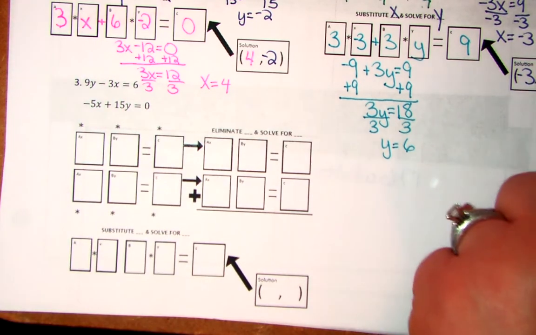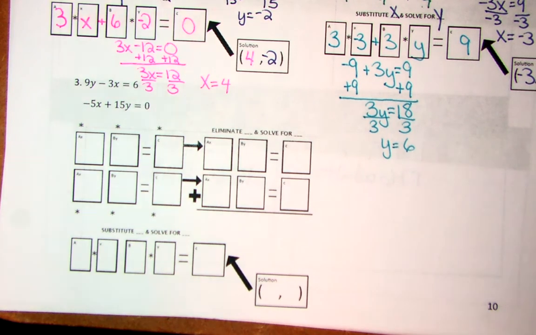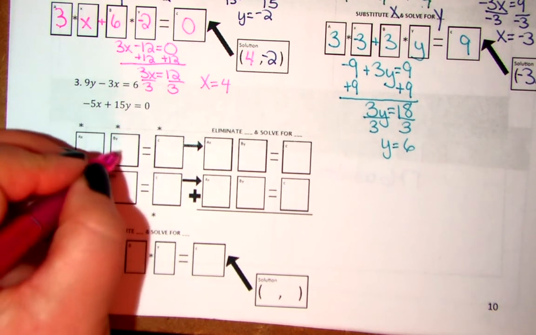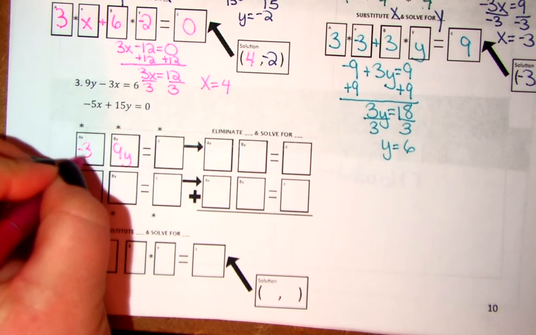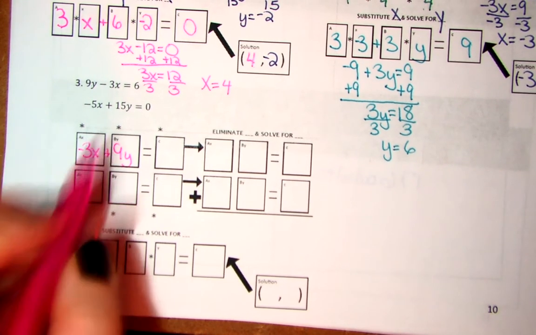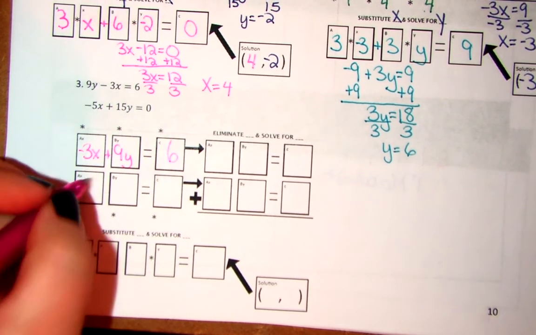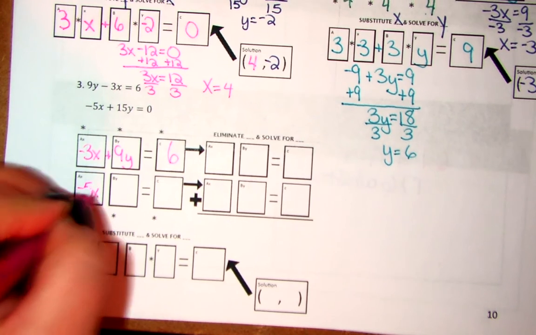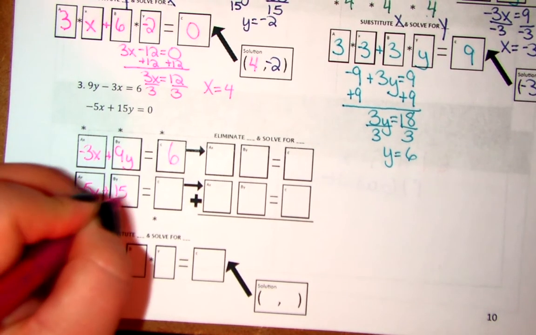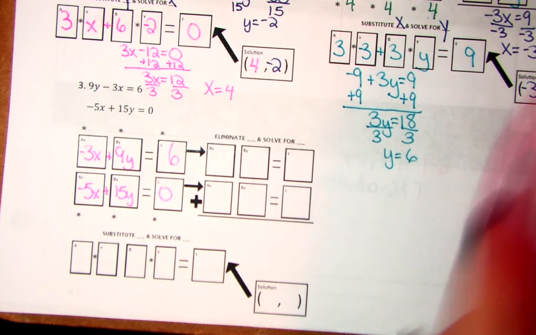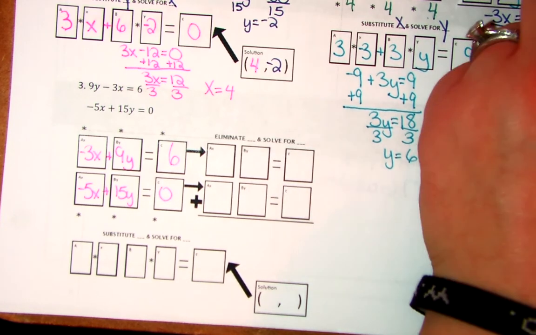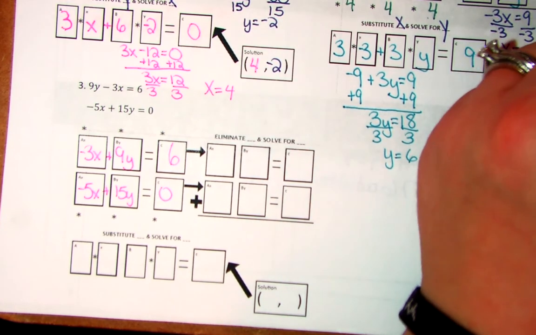That's why we have this step, so that we can make sure that they are lined up. So 9y, negative 3x, and 6, negative 5x, 15y, and 0. Guess I made them both pink, oh well.